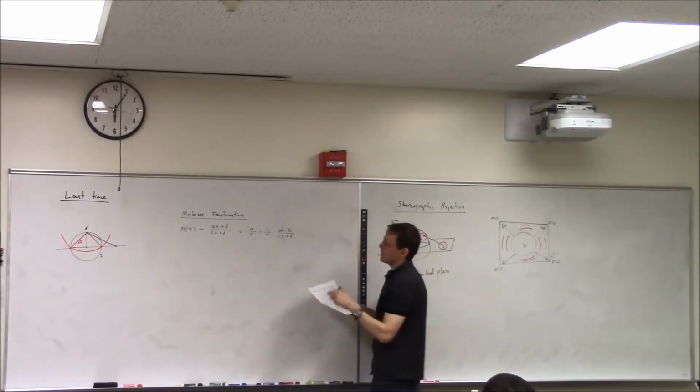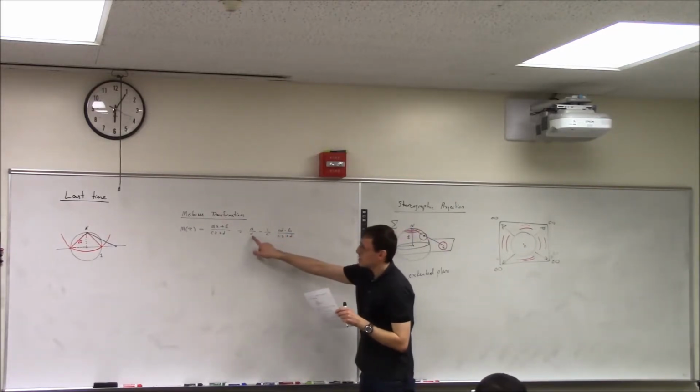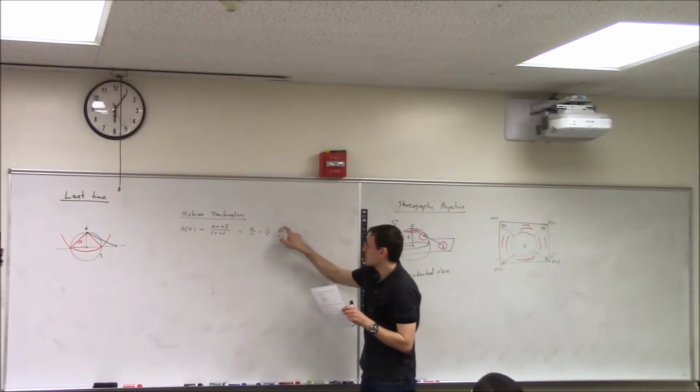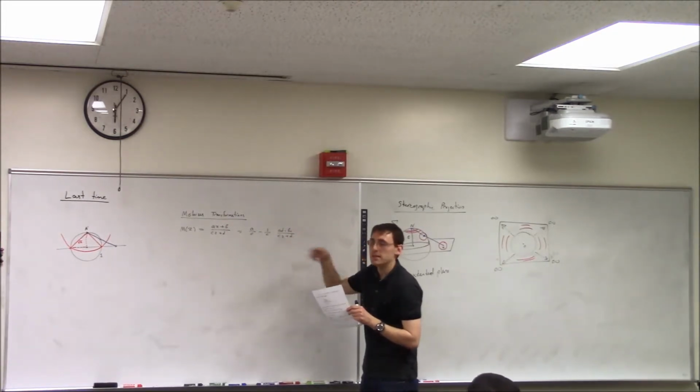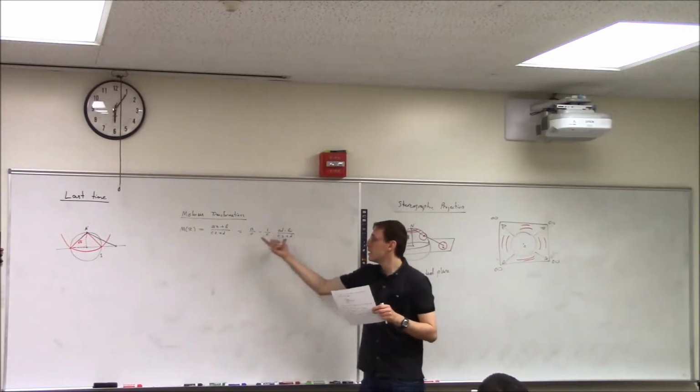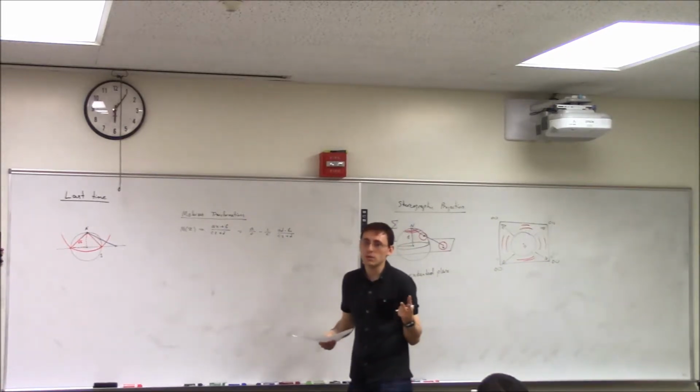Looking at this expression, this is just a translation. This is some dilation with rotation possibly. This is again something of that sort. But the denominator is really 1 over z. By understanding 1 over z, I understand what the Mobius transformation can do to a circle.